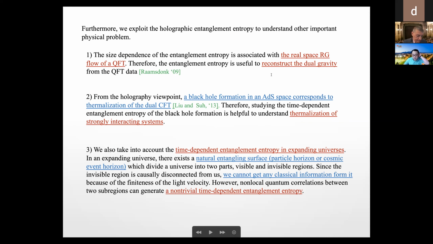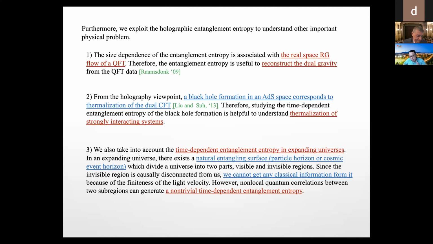Another thing we can consider is black hole formation, which is time-dependent. From the holographic viewpoint, black hole formation is dual to thermalization of the dual conformal field theory.